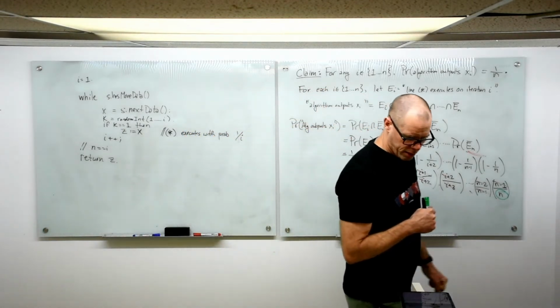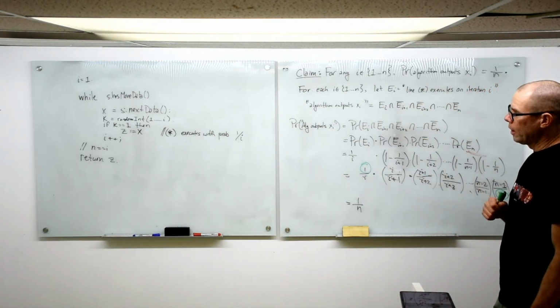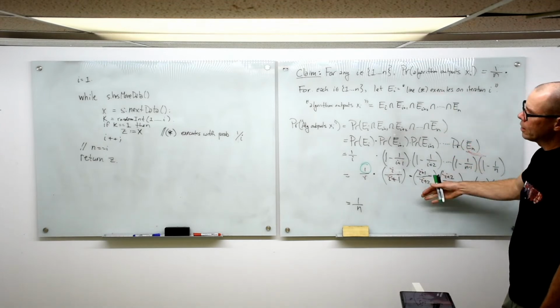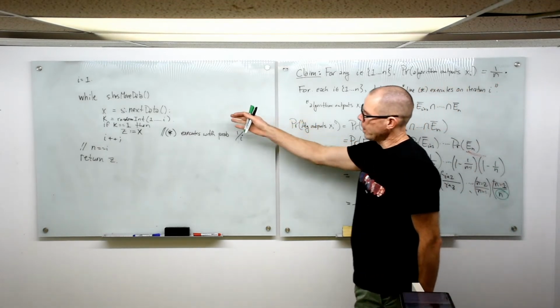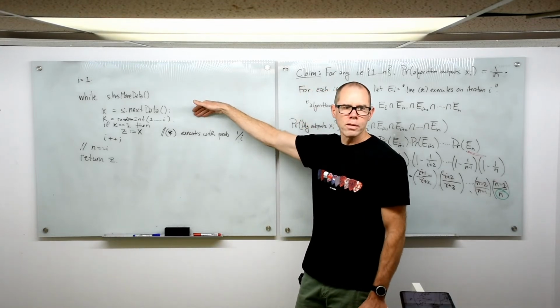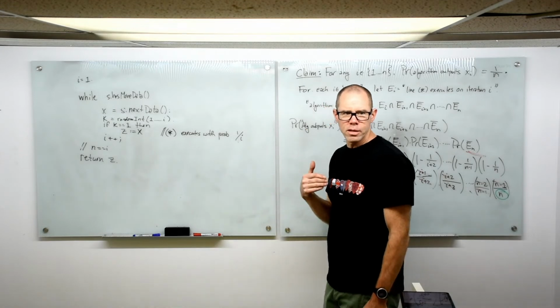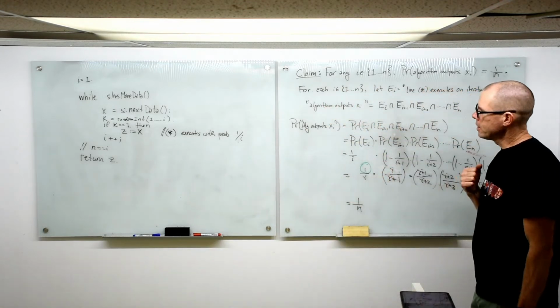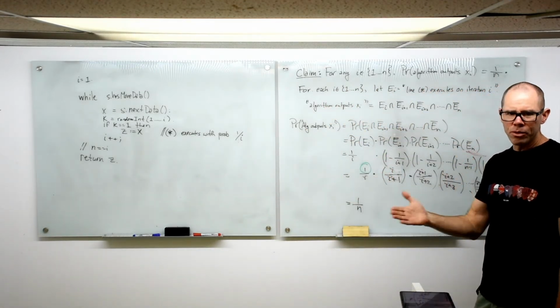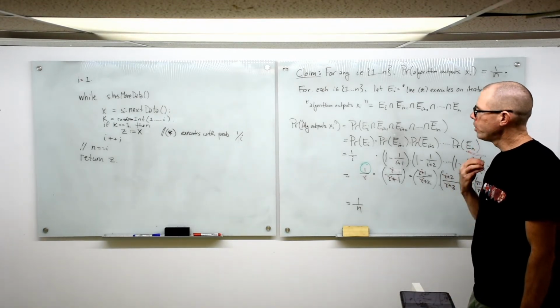So if you thought, until you do this, you could never believe that this algorithm treats the first thing it sees, x1, the same way that it treats the last thing it sees, or anything in between, right? You would for sure guess something.